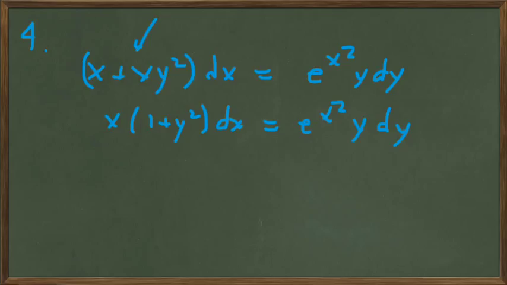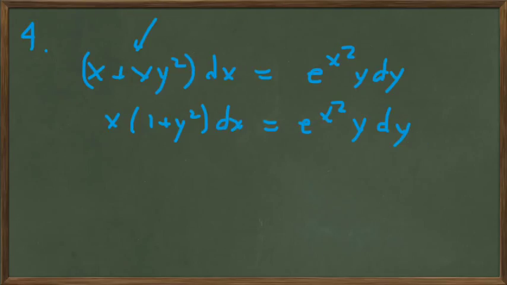So here's a question that we haven't encountered before. On which side should the y variable be, and on which side should the x variable be? And the answer is that y must be on this side because the dy must be in the numerator, and x must be on this side because the dx must be in the numerator.